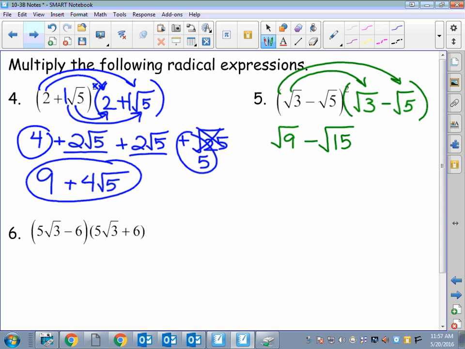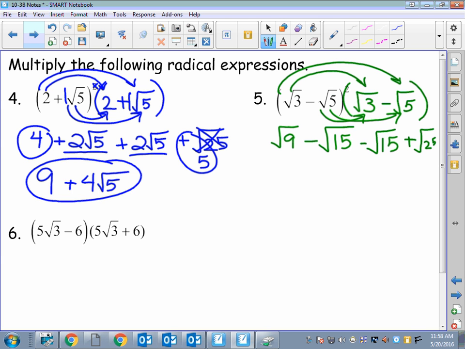Inside terms, a negative square root of 5 times a positive square root of 3 is another negative square root of 15. And last is a negative square root of 5 times a negative square root of 5. You always got to take the sign out in front.